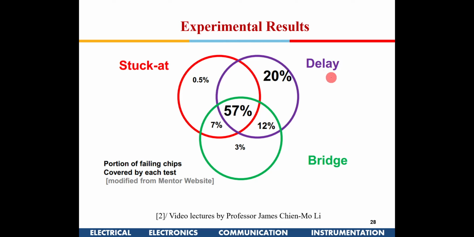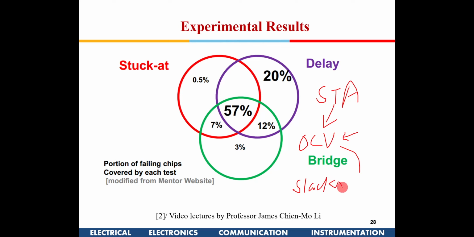And also, when we learn about static timing analysis in our advanced VLSI course, we will see that we generally cater for process variations and OCV variations, where we keep some slack. Suppose there is a setup requirement of 10 nanoseconds for each flip flop.